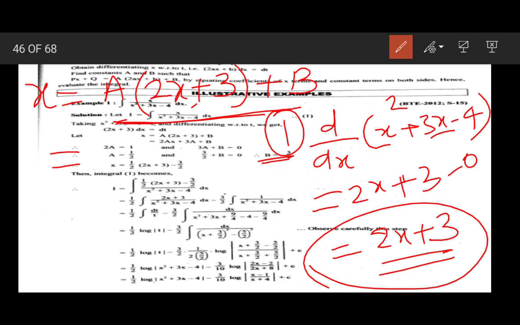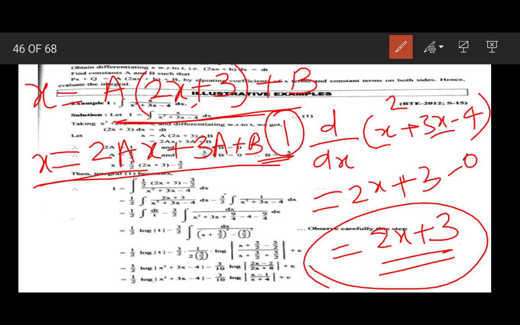So a into 2x will be 2ax plus 3a plus b. So x is equal to this. Now we'll compare both the sides. In the left hand side there is x and in the right hand side there is 2ax. So by comparing this we get 1 is equal to 2a.